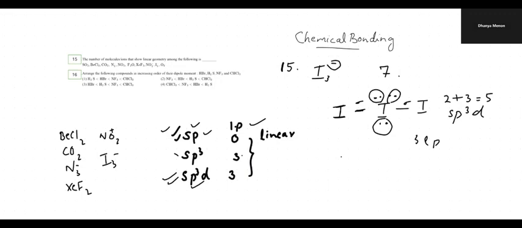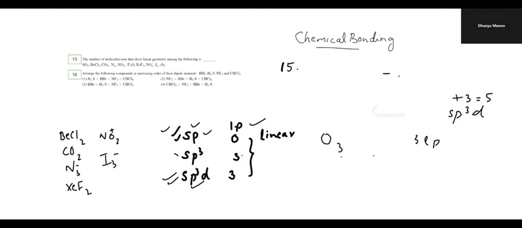Then ozone. Oxygen has 6 electrons in the outermost shell.